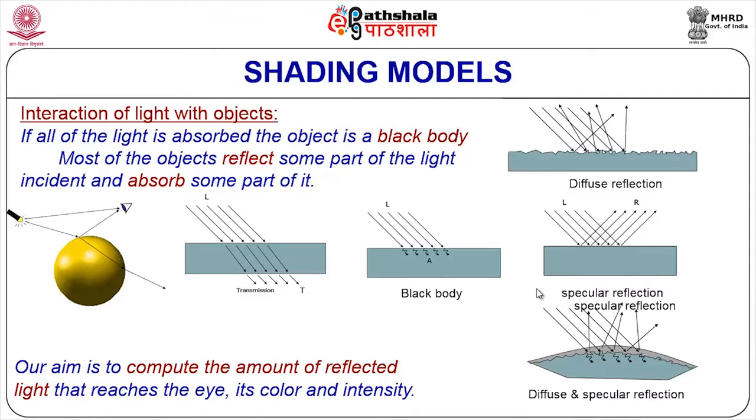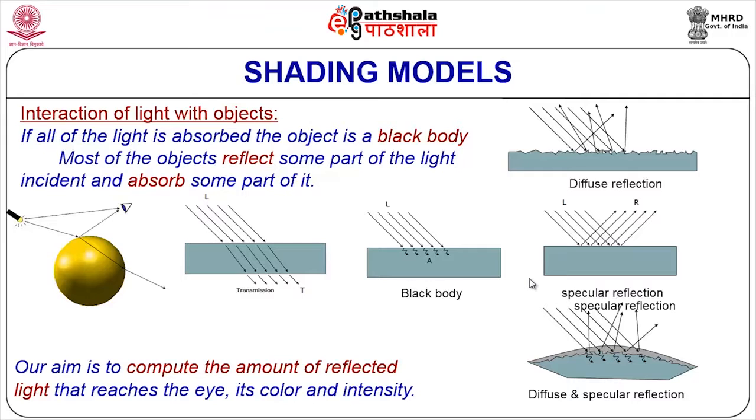So how does the light interact with objects in a 3D world? We can take the real world analogy again. An object can be a black body, an object can be highly reflective, or an object can be made up of a combination of reflective and absorptive properties. Whatever light is incident on an object, if it gets completely absorbed, we call it a black body.